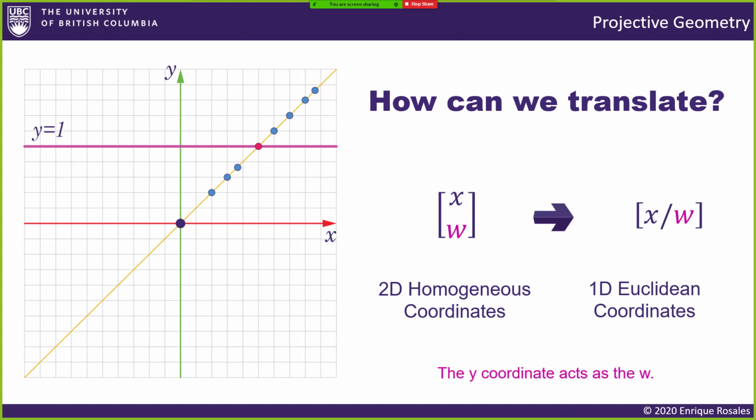But again, I don't want to go there because projective geometry is a huge area. This is just something very simple that you will understand eventually when we use perspectives, right? Okay, so David, you have a question?